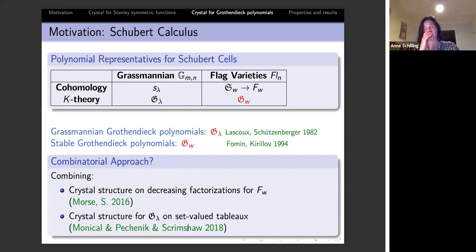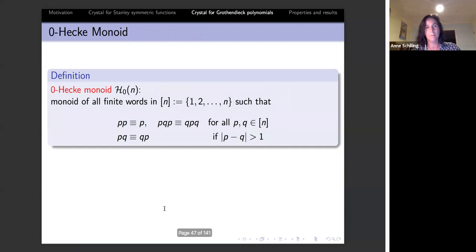But we are going to mimic the setup from last time, where we looked at certain decreasing factorizations, and we want to define the crystal structure on these decreasing factorizations. But we will get some intuition from the crystal structure for the ones indexed by partitions.